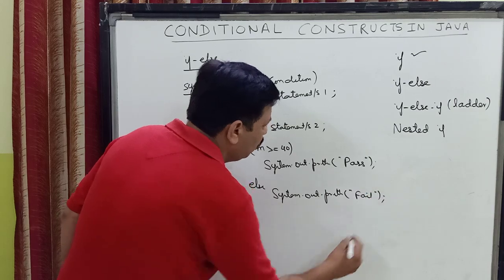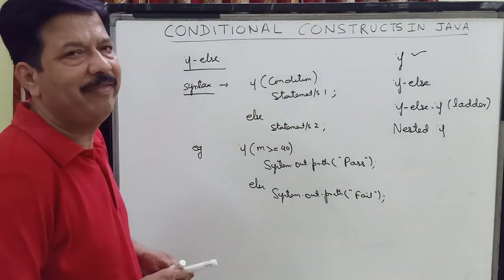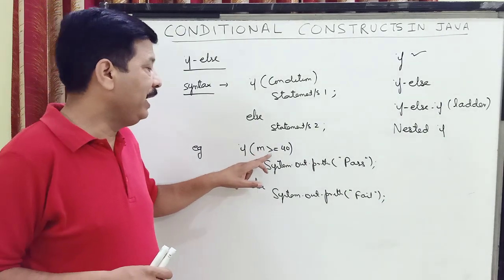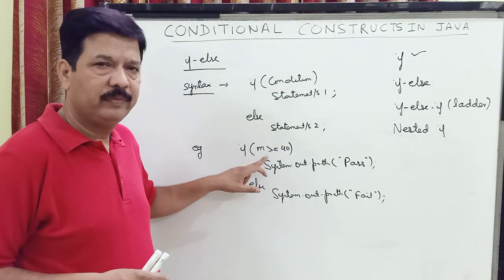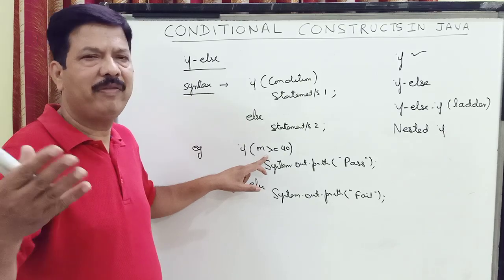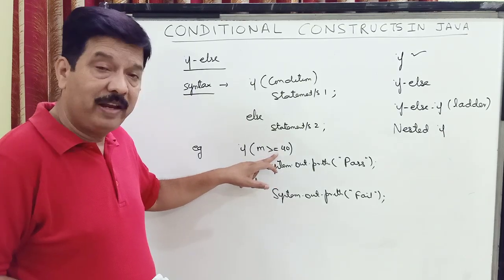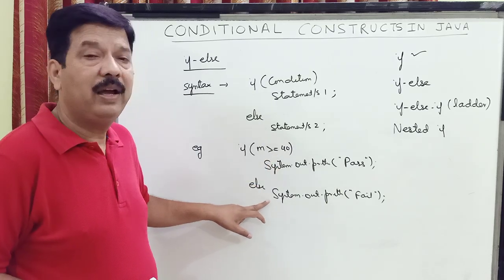So children, I have written two output statements, pass and fail, with the if else statement. So what will happen? If my marks are equal to or greater than 40, if it is 41, 40, 45, 50, then this statement gets printed. And if my marks are less than 40, then it is going to print the else statement.